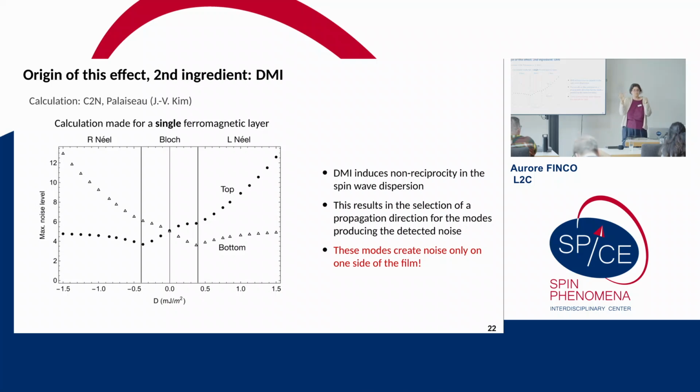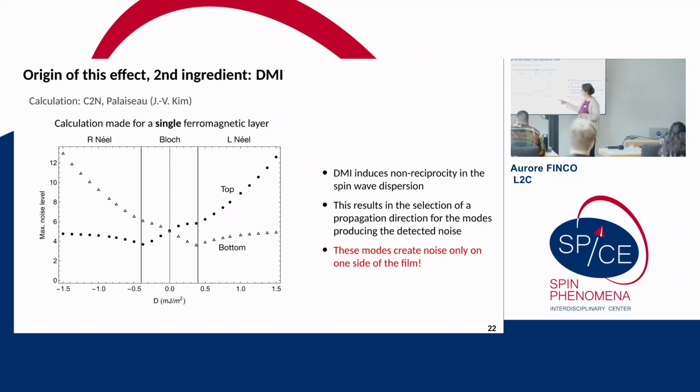And so we will be mainly sensitive to either plus k or minus k. And I just told you, plus k and minus k produce field either above or below the film. So then we understand that the sign of DMI will decide if we expect rather noise above or rather noise below the film. This is what we measure in the experiment.